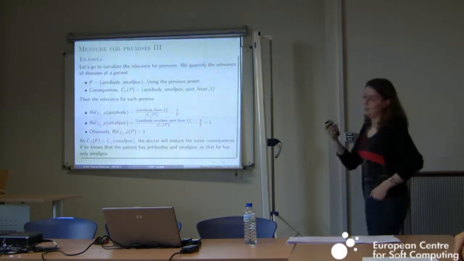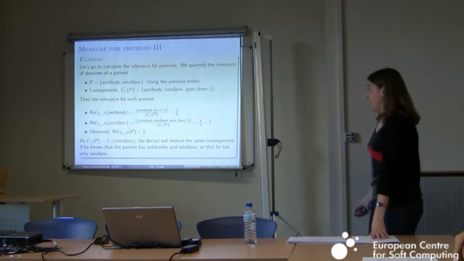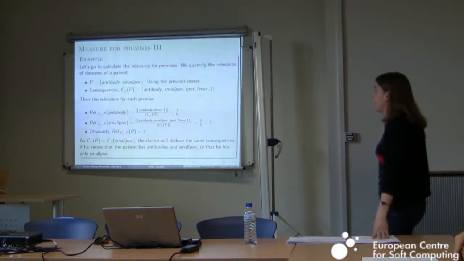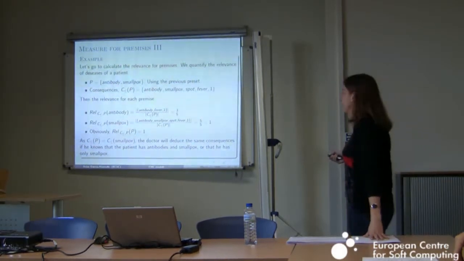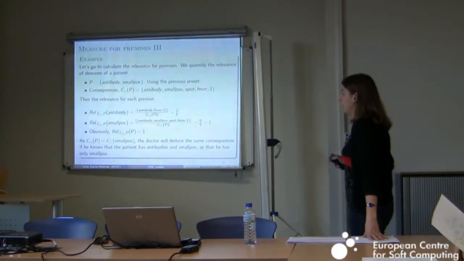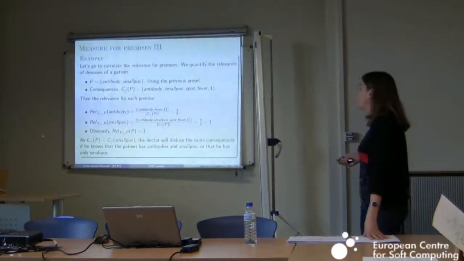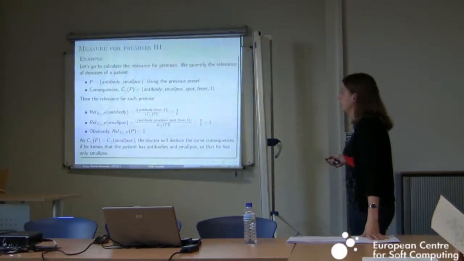For example, continue with the example of the preorder. For the set of premises antibody and smallpox, we get consequences antibody, smallpox, spot, fever, and 1. Well, we are going to calculate the relevance of the first premise and the second one.